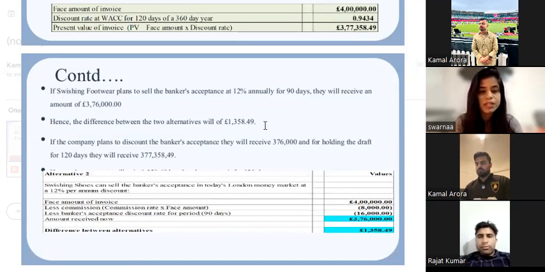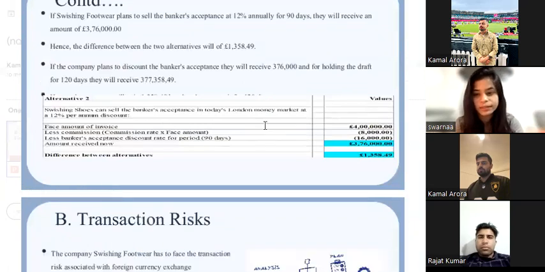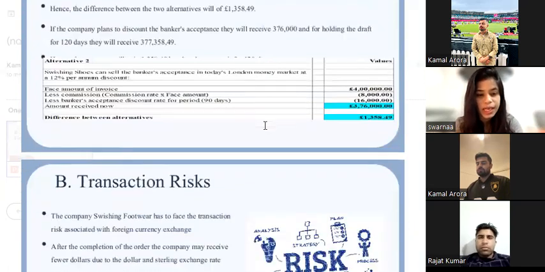If the company plans to discount the banker's acceptance, they will receive 3,76,000, and for holding the draft for 120 days, they will receive 3,77,358 euro. And there is a chart of these things.